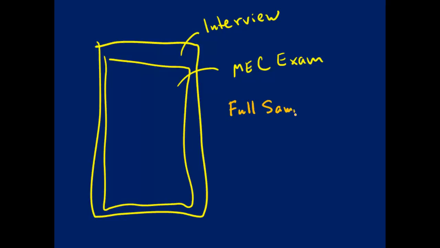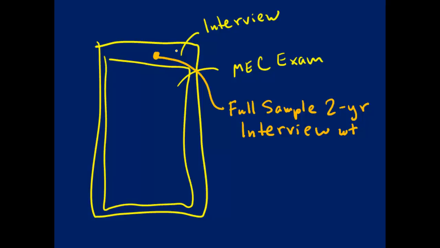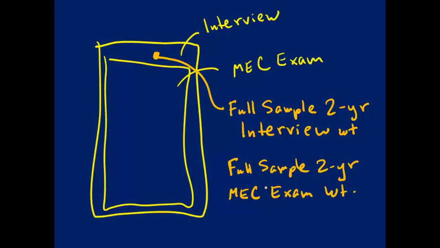The full sample 2-year interview weight is for the larger group of people who had the interview, and the full sample 2-year MEC exam weight is for those people who had the MEC exam in addition to the interview. We'll look at this more carefully in a little bit, so it will become clear.